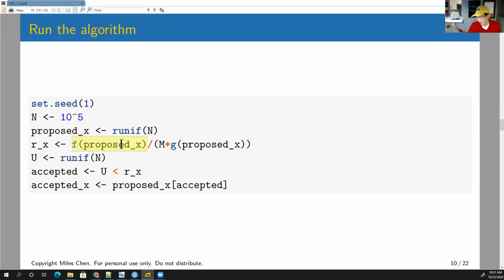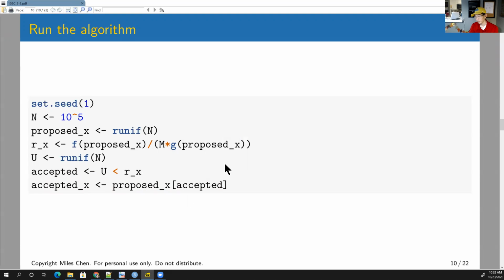and then f of x is going to be basically the upside down parabola there. And then I generate another set of random uniform values, u, and we're going to accept the values if u is less than the ratio r underscore x. And then the accepted values of x are going to be the subset of the proposed values where accepted is true.